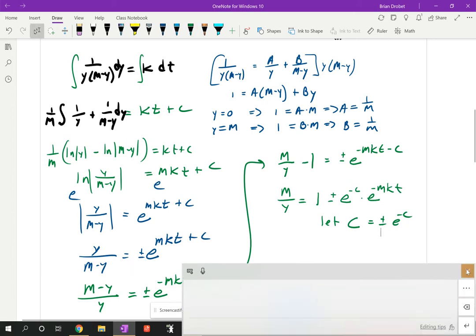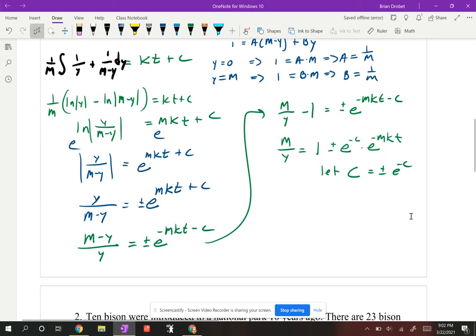The reason I'm doing that is because I'm just trying to simplify this. So I'm going to have m over y is now equal to 1 plus C e to the negative mkt.